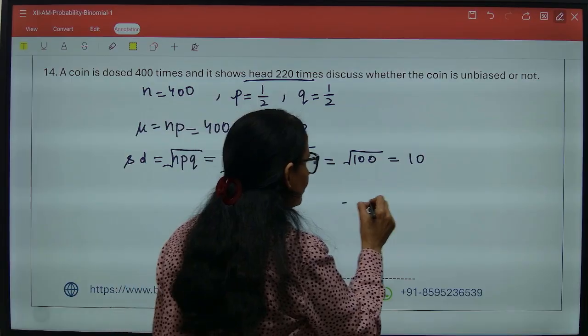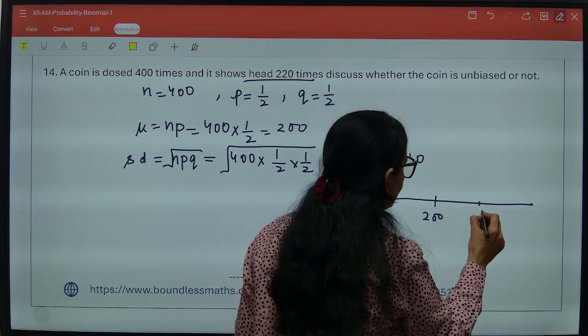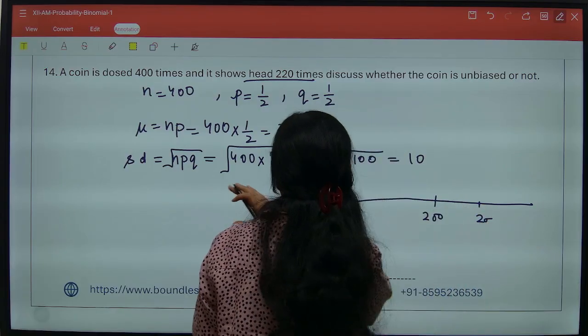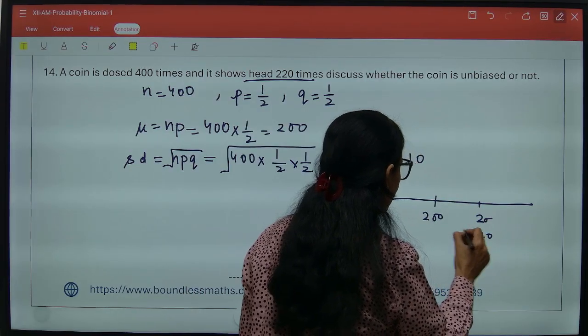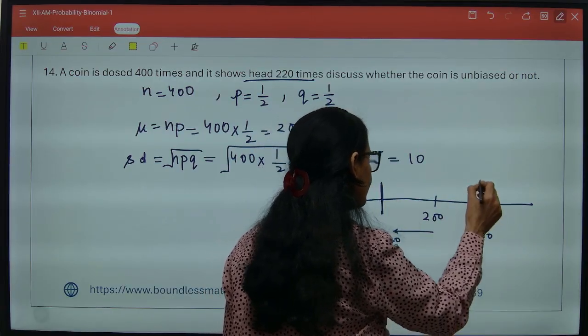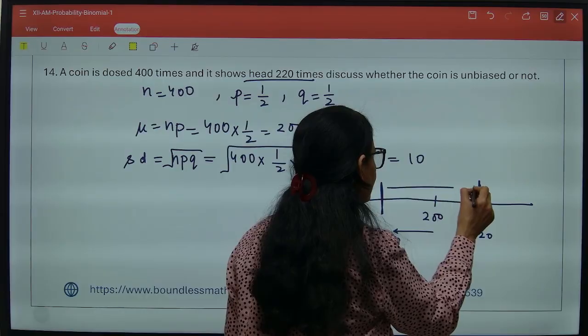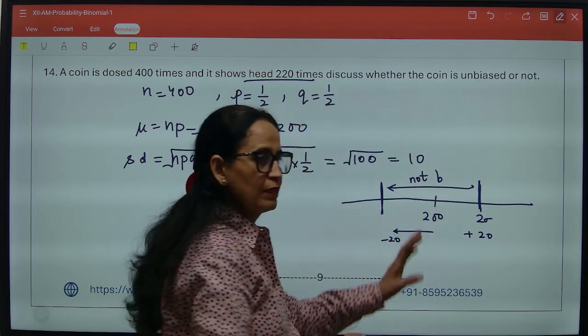Now if we have a value which is in the range of 2 sigma, 2 sigma means 2 into 10 is 20, plus 20 and here minus 20. If we have a value in this range, that means it is not biased. It is an unbiased coin.